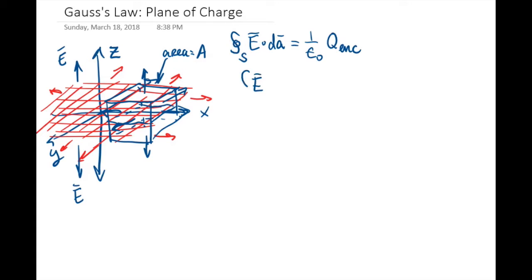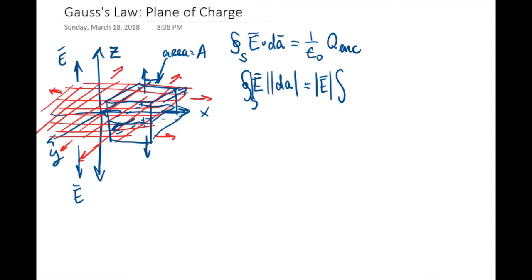So we notice that we can get rid of the dot product there. And then because the top and the bottom of the cube are at the same distance from the plane of charge, we know that by symmetry, the magnitude of the electric field must be the same everywhere on both surfaces. So we can pull that out of the integral.